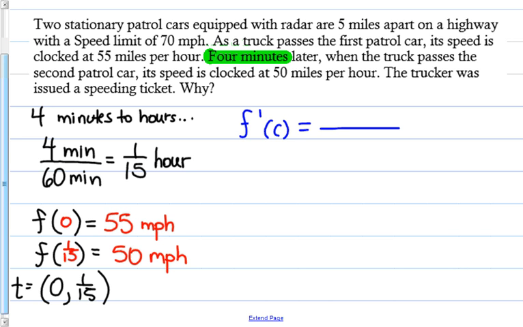Let's do the time first. It's 1/15 minus 0. And then my y values are 50 minus 55. So 50 minus 55, that's -5 over 1/15 minus 0, which is 1/15.